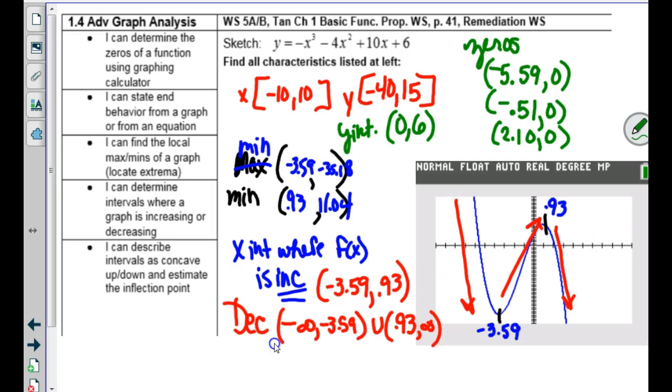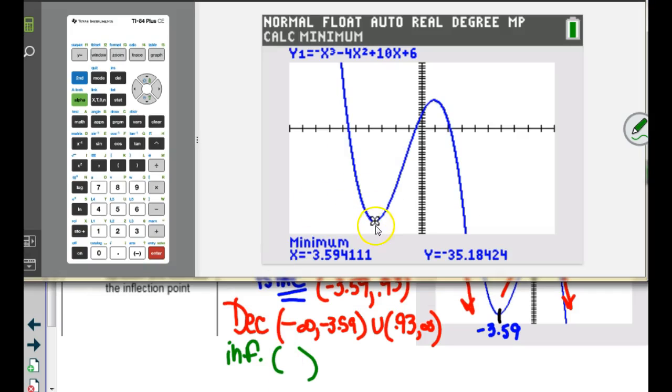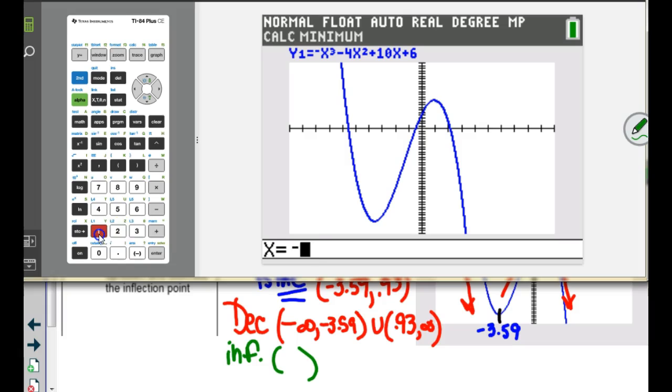All right. Then it asks, and I very carefully asked in this order, where's an inflection point? And you're just going to estimate, guys, somewhere between this max and this min. If I go to the calculator, somewhere between negative 3.5 and almost 1. What do you want to pick between negative 3 and 1? Okay, that seems pretty close to the middle.